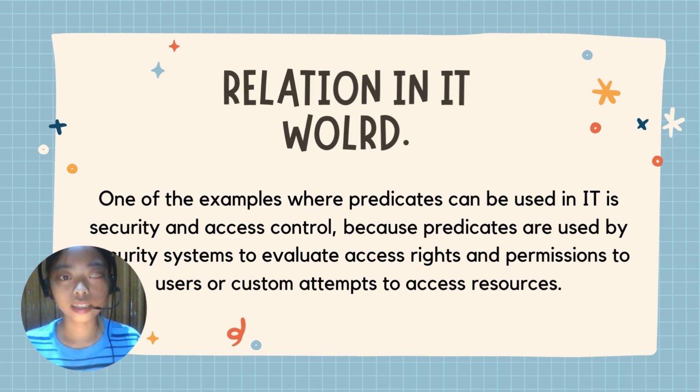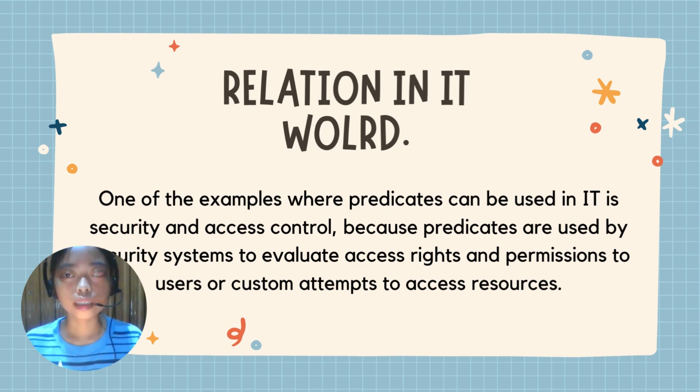So, lastly is the relation of predicates in the IT world. One example where predicates are used in IT is security and access control, because predicates are used by security systems to evaluate access rights and permissions of a user or customer attempting to access a resource, for example a Facebook account.